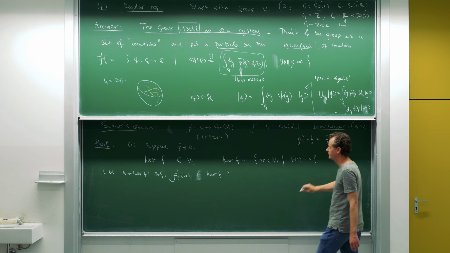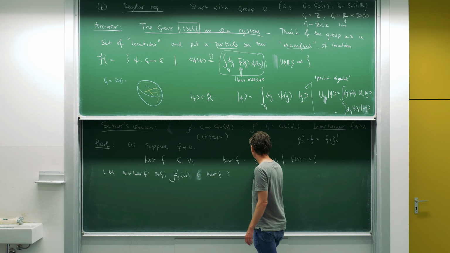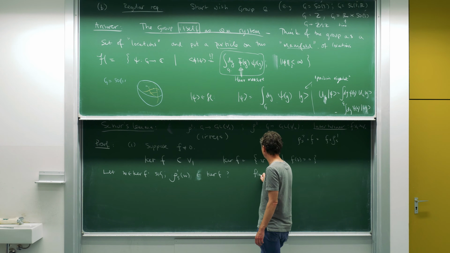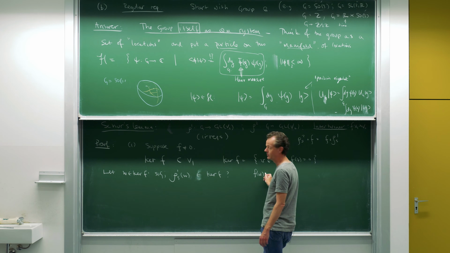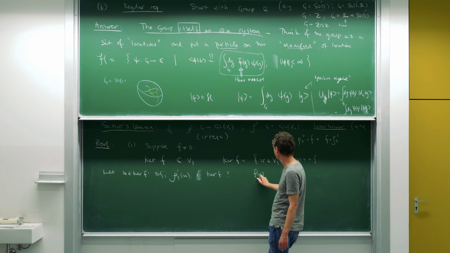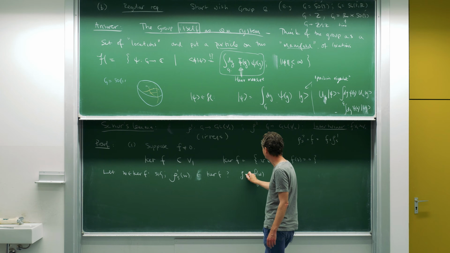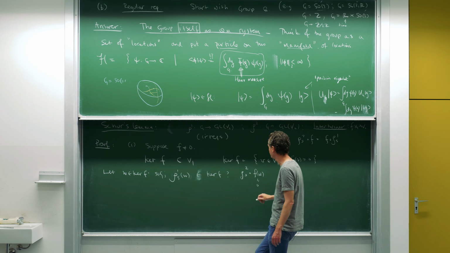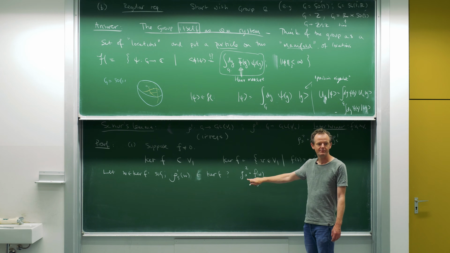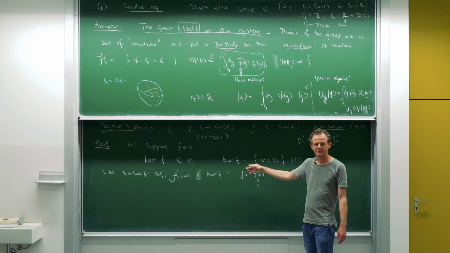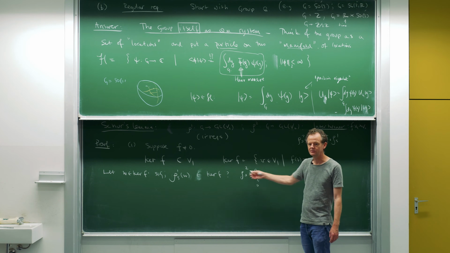Well, let's look at this defining property here. So what do we know? We know that f of W is definitely 0, by assumption. And if I act on f of W afterwards with rho s of 2, then I'm going to get 0, because I take 0 and multiply by something, you get 0.